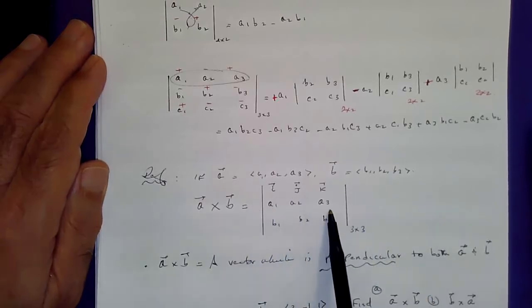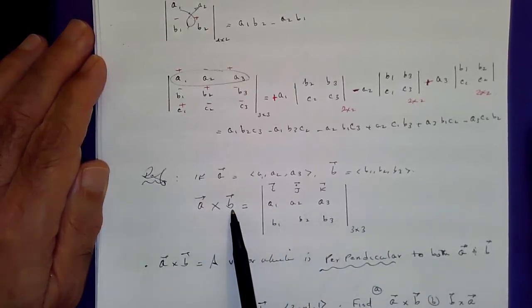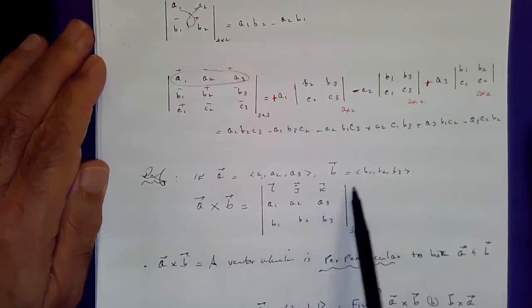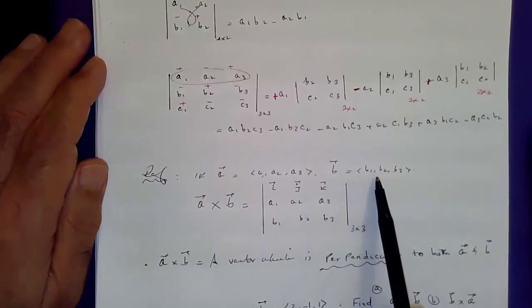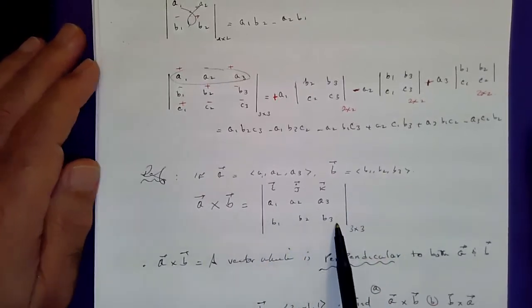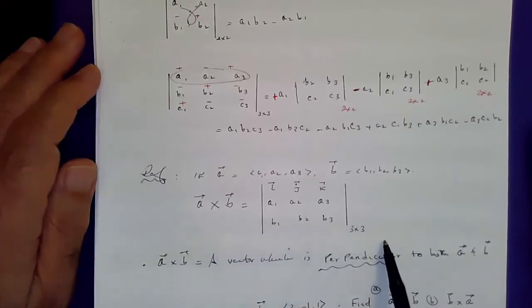Notice the order matters. If you have A cross B, the X, Y, and Z components of A have to go first in the second row, and the components of B have to go in the third row. So the order very much matters.